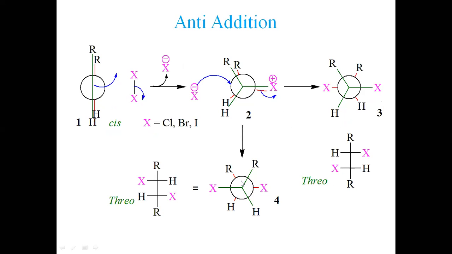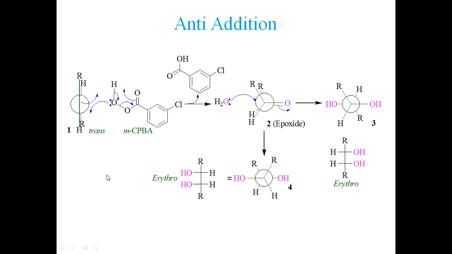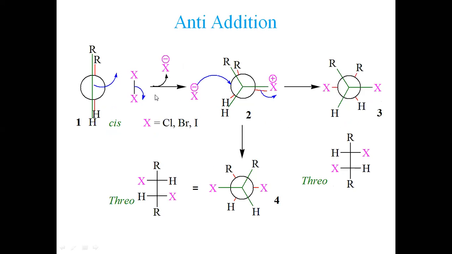Two steps are involved. This is stepwise. But what is happening is that this is on a trans-olefin. Trans-olefin anti-addition always results in erythro, and cis-olefin anti-addition always results in threo products.